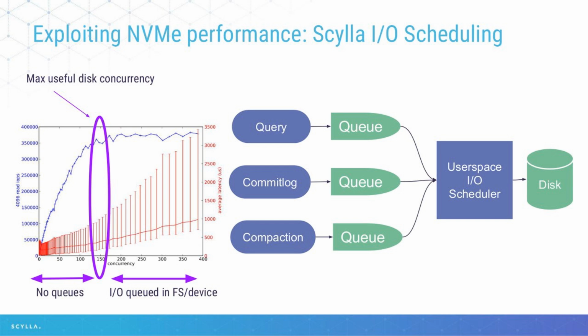For example, in every database like Cassandra and Scylla, there are three major processes you're going to have. One is the query, the actual reads that you get from the database. Another one is the commit log. Basically, you are committing information into the database. And the last one is compaction. It's a backend process that helps you sustain a reasonable disk space on your machine. You don't want that process to hog your system I/O.